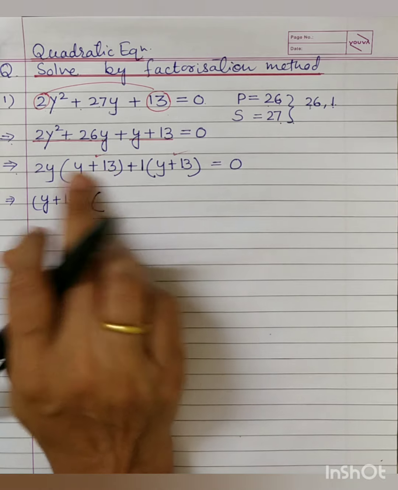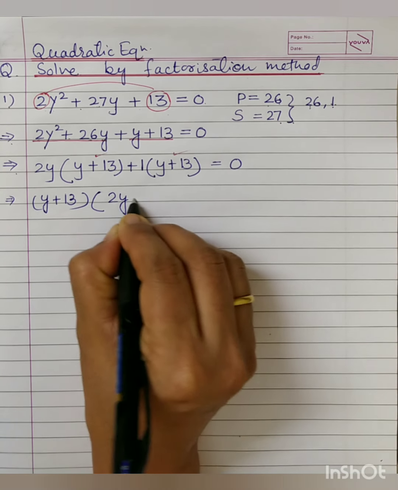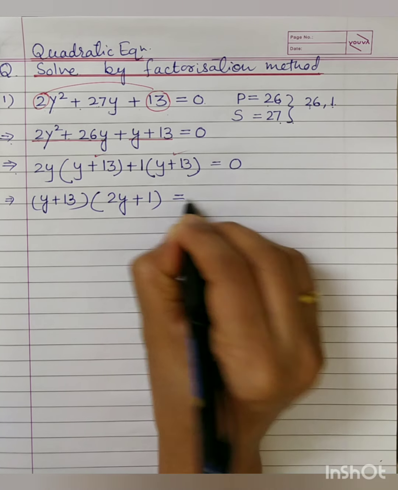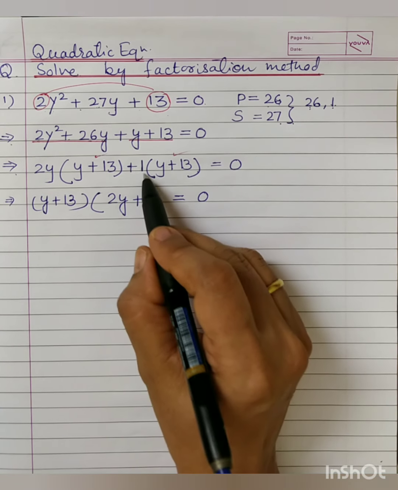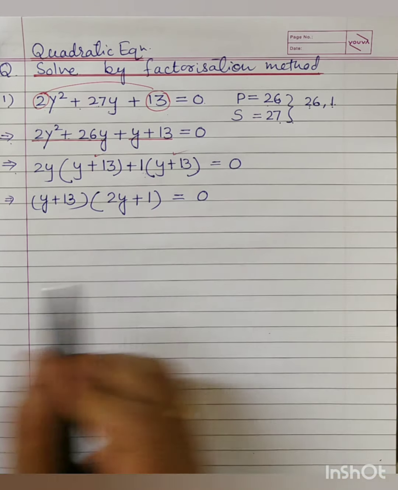After taking y plus 13 common, what is left here is 2y plus 1, equal to 0. Do not forget to write 1 here, otherwise you will be puzzled about what is left there. The common factor is 1 there. And then again we use the zero product rule.